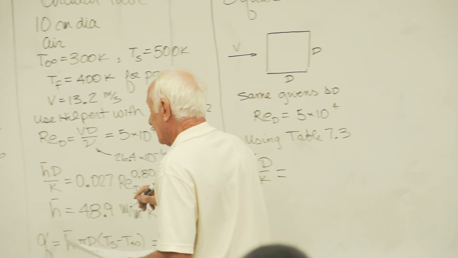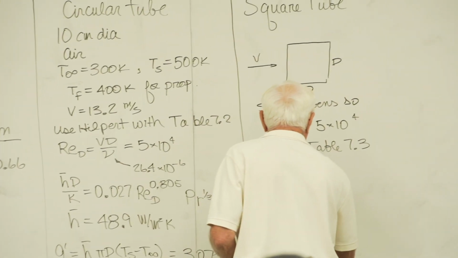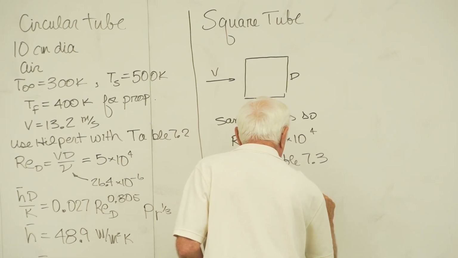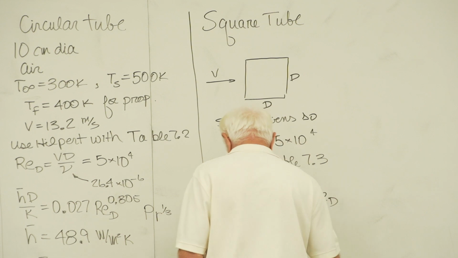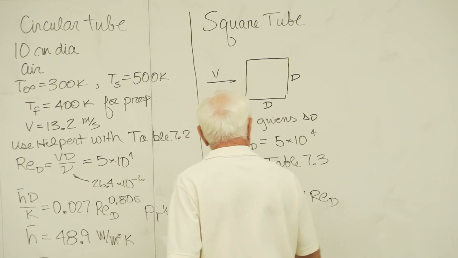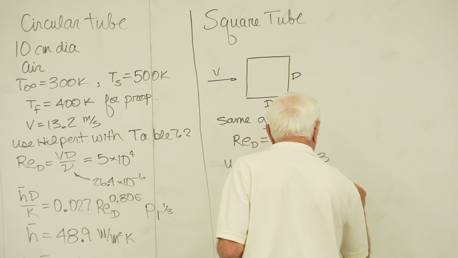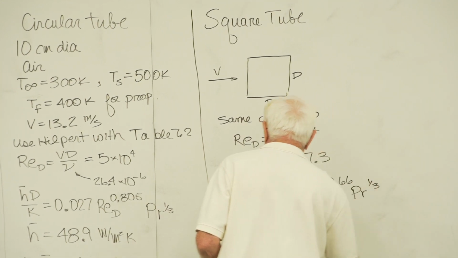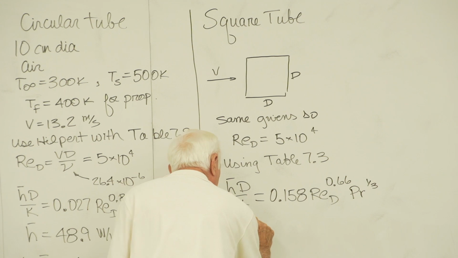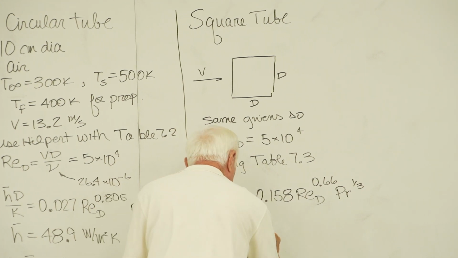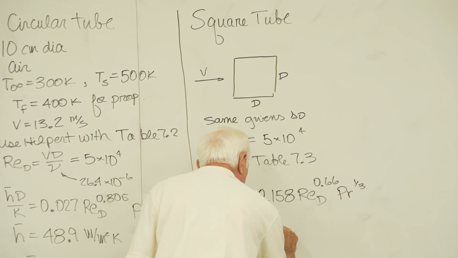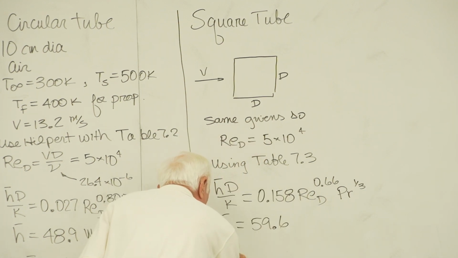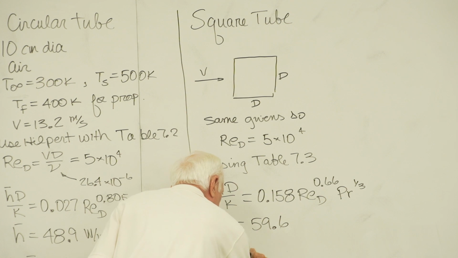So we've got 0.158 times Reynolds number D raised to the 0.66, times Prandtl number to the 1/3. Solve this for h bar, and we get h bar 59.6. Put that in Q prime.